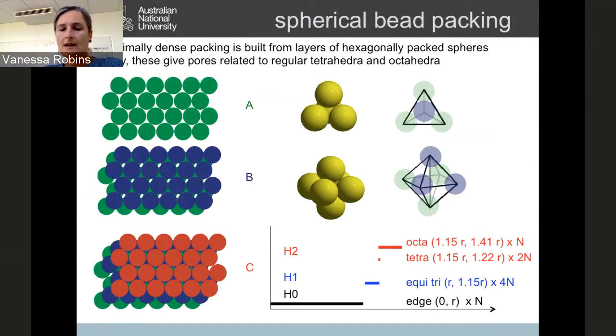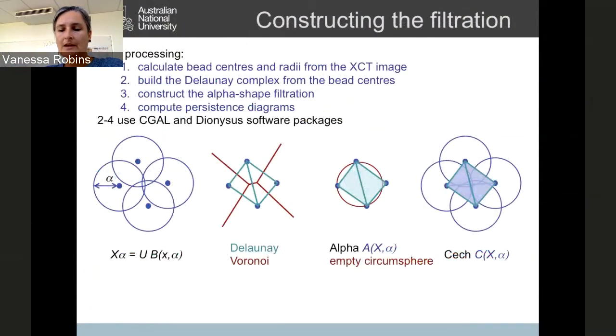Okay, so I'll come back to that little barcode there, but I'll just set up the filtration for persistence. Since I'm talking to the applied topology group, I'm assuming you all know about persistent homology. The way I set up the data analysis is that Mo and the people here have come up with a really nice way to calculate the coordinates for the center of each bead from the X-ray CT imaging.